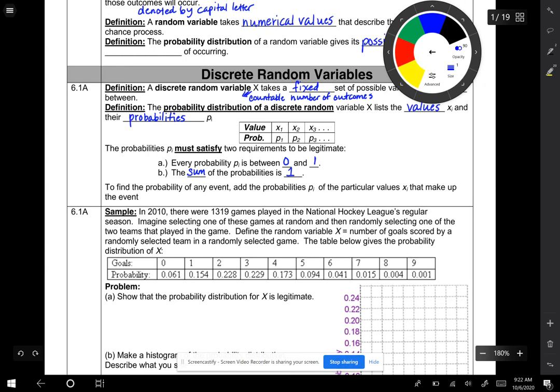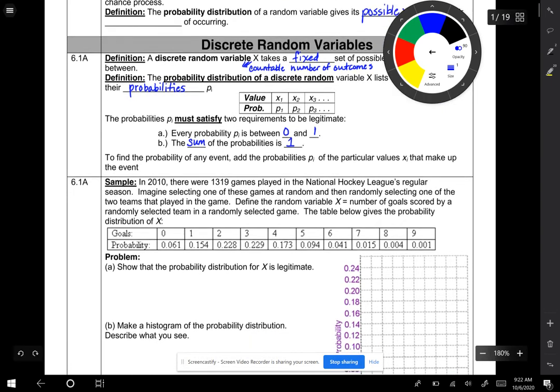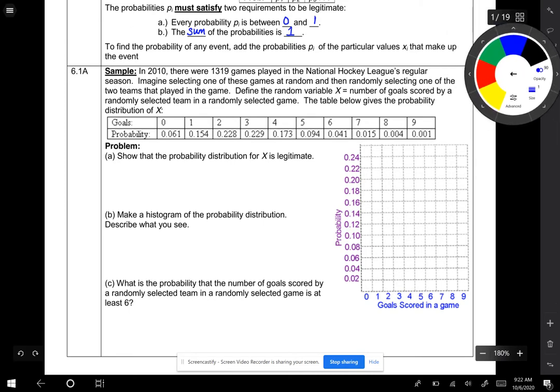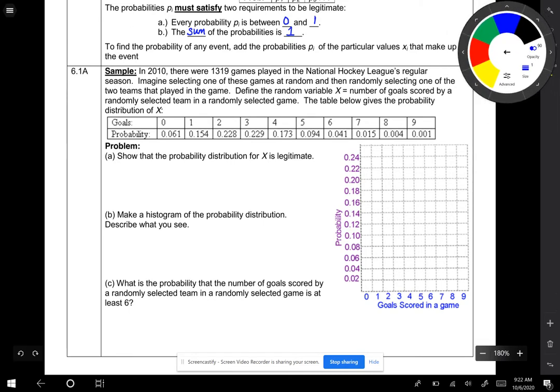All right, let's do an example problem where you see a probability distribution and we can describe the distribution. In 2010, there were 1,319 games played in the National Hockey League's regular season. Imagine selecting one of these games at random and then randomly selecting one of the two teams that played in the game.